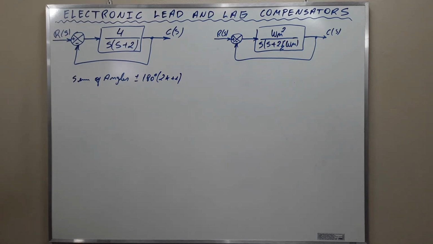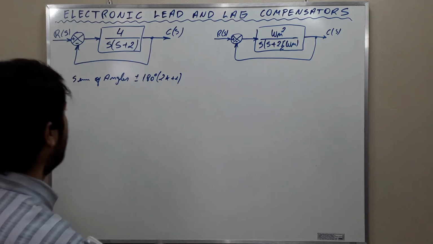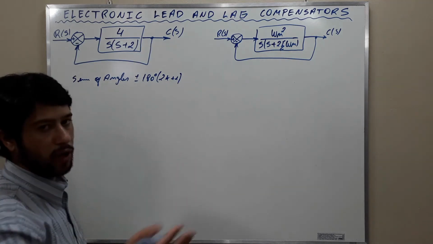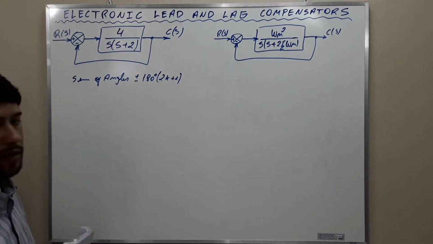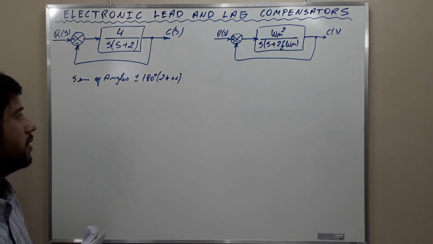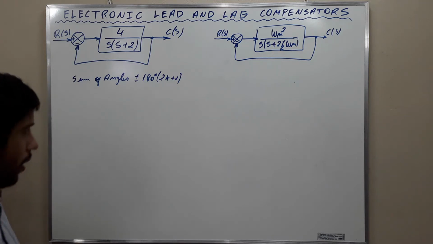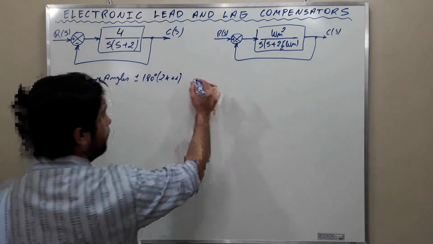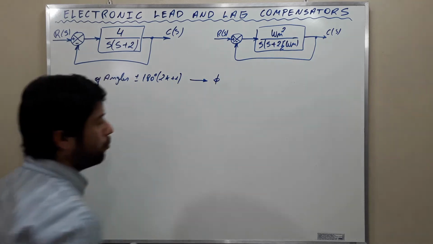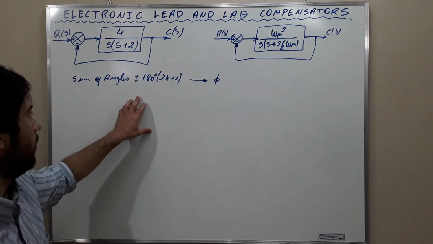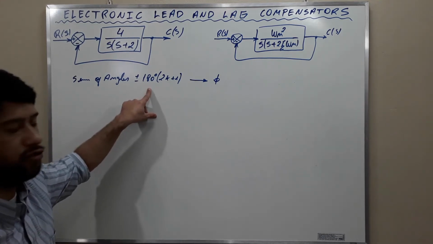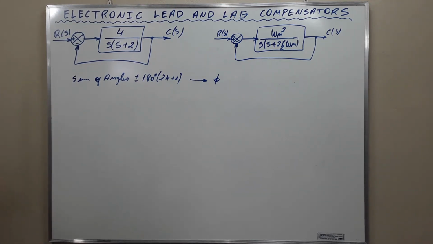The lead compensator will contribute the angle phi. We are going to have the sum of the angles, and it will not give plus or minus 180 degrees times (2k plus 1). But when we add the angle provided by the lead compensator, the sum of angles has to be equal to plus or minus 180 degrees times (2k plus 1).